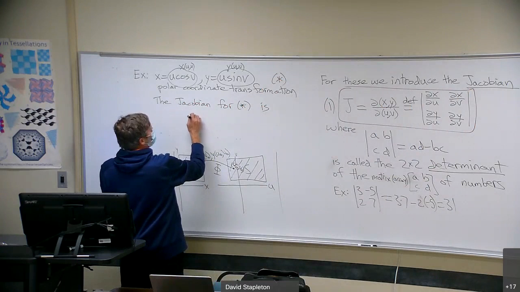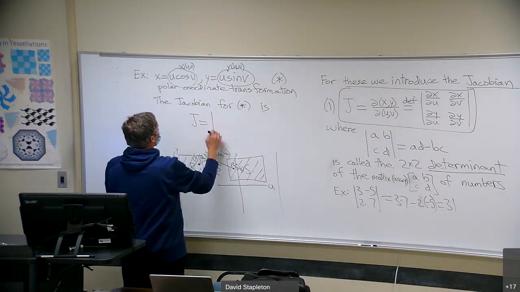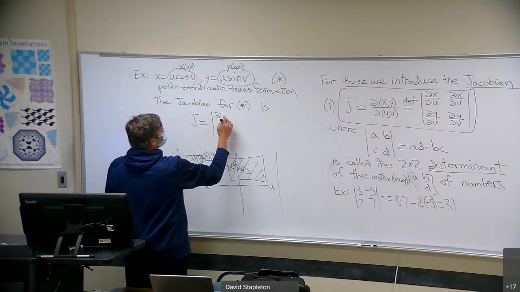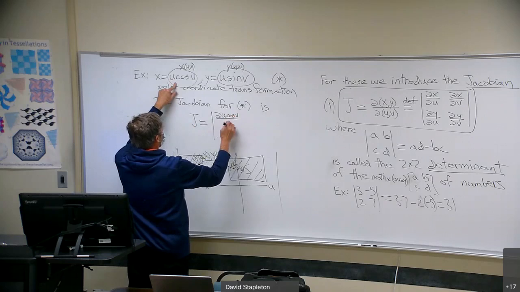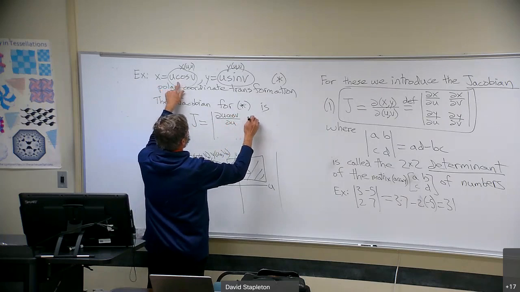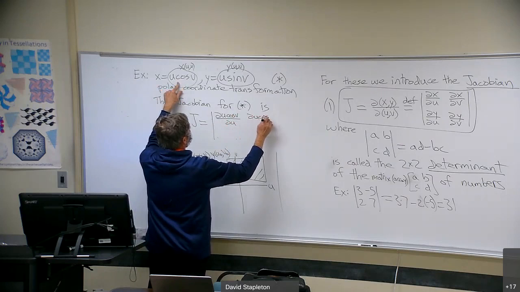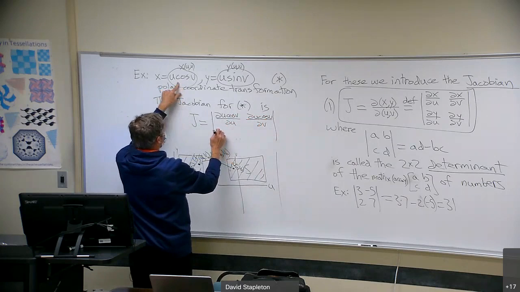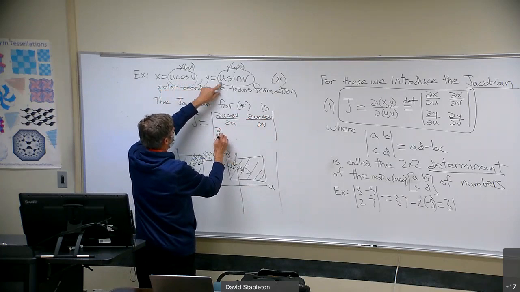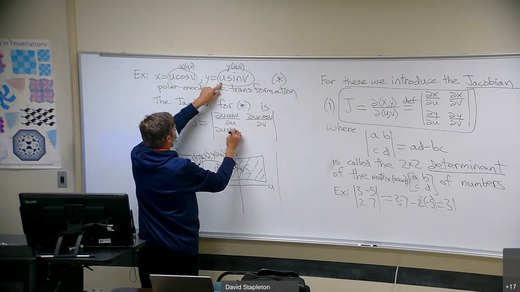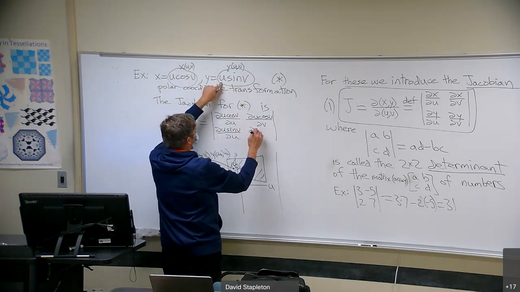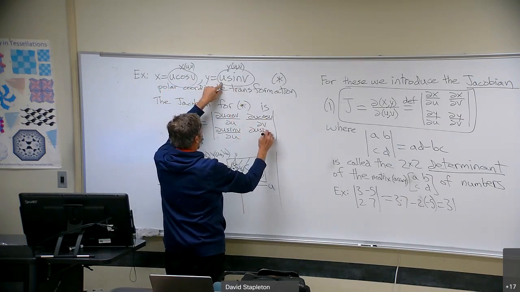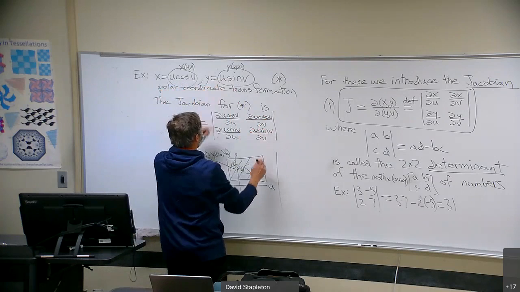Well, J is the determinant of the partial of x with respect to u, the partial of u cosine v with respect to u, the partial of x with respect to v, the partial of u cosine v with respect to v. And then the partial of y with respect to u, the partial of u sine v with respect to u, and the partial of y with respect to v, the partial of u sine v with respect to v. According to star, that is the Jacobian.